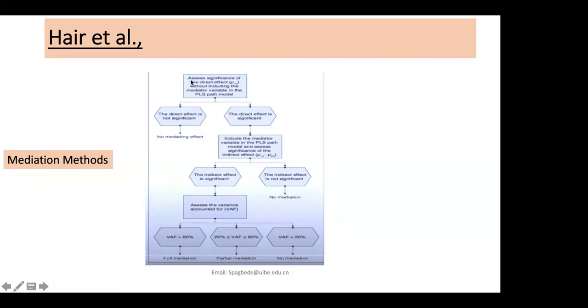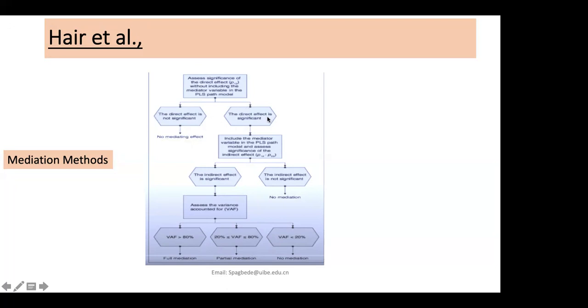The first thing to do is that you assess the significance of the direct effect without including the mediator in the model. Now, when you do that, do you have a significant direct effect or not? If you do not have a significant direct effect, it then means there is no mediating effect in the model.